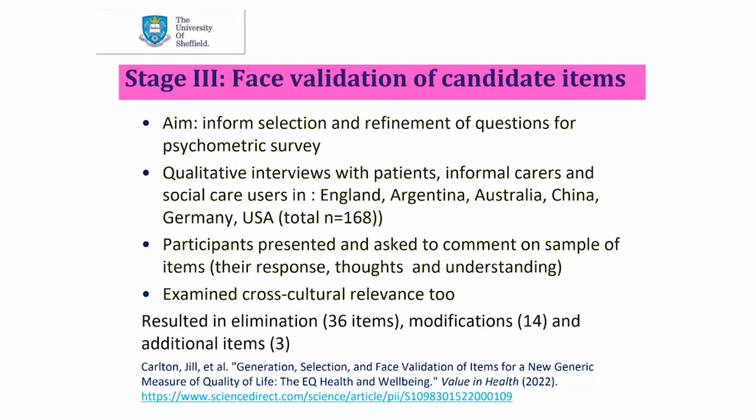And participants were presented with a sample of items, usually within a set of domains. They were asked to look at a sample of items, they were asked for their response, their thoughts, their understanding of them, and so on.